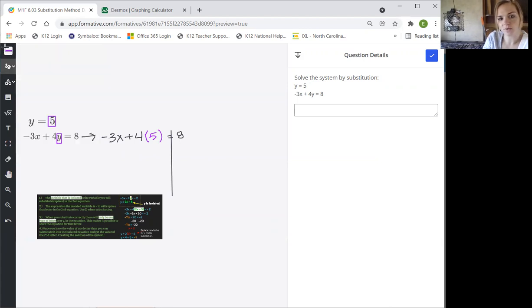So we want to multiply first, so that would be negative 3x. 4 times 5 is positive 20, equals 8.